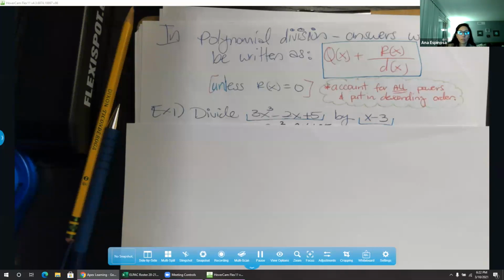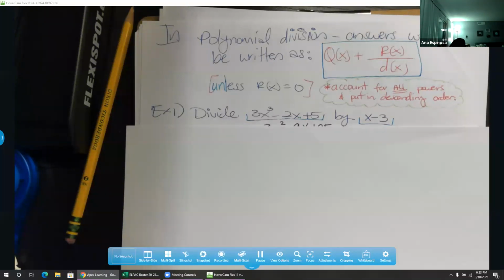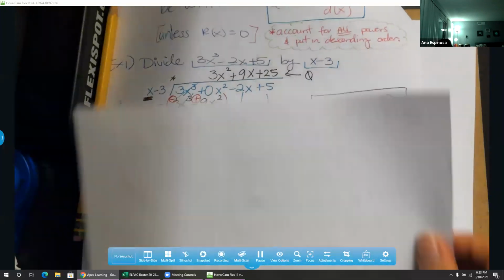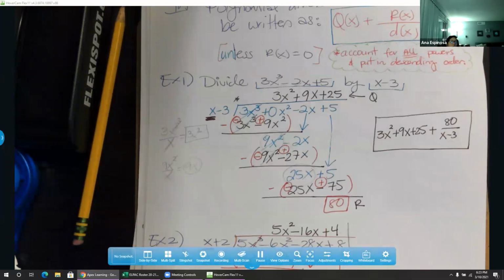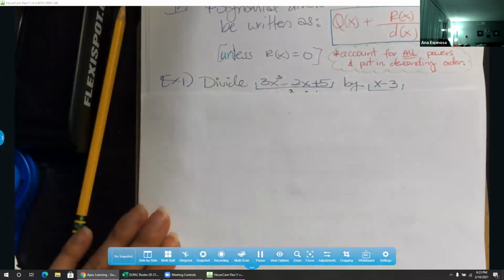Let me move this here. Okay, and so how will this be written in polynomial? Okay, so where's my other page? Here it is. So let me show you how this works. You can see this, and it should be on Canvas already, but I'm going to go ahead and do it again.